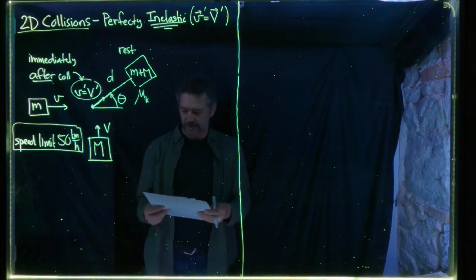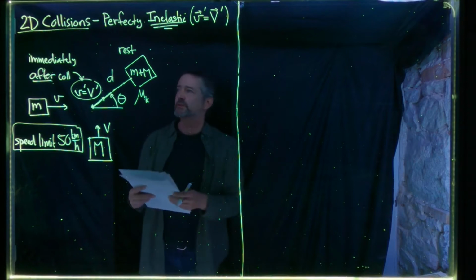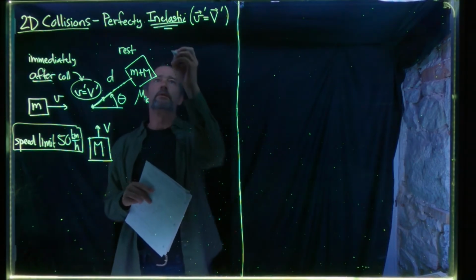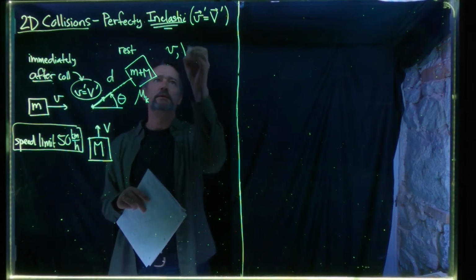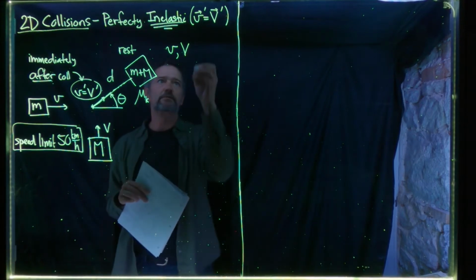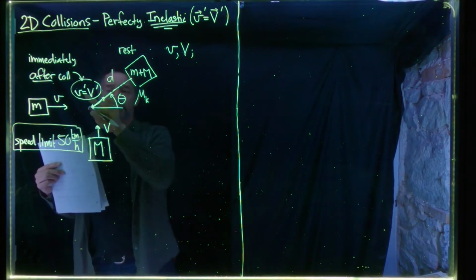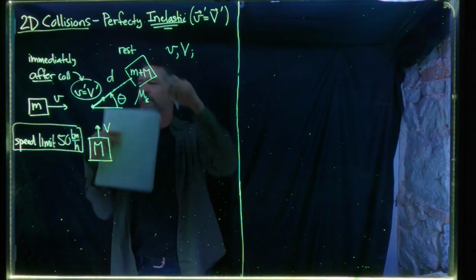So now let's think about this problem a little bit. As usual, especially in two-dimensional collisions, there are lots of variables in the problem. One of the variables is clearly the speed of the sports car, little v, and the speed of the SUV, big V, that's a parameter that could be different. Another parameter is the final speed of the two cars when they're clumped together, the hit and stick.